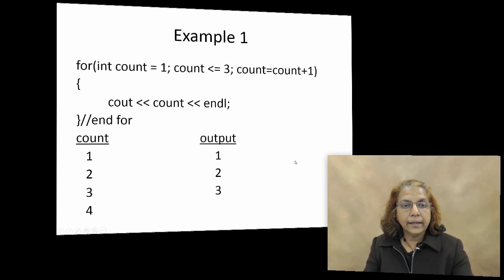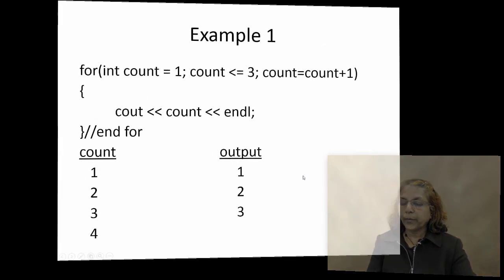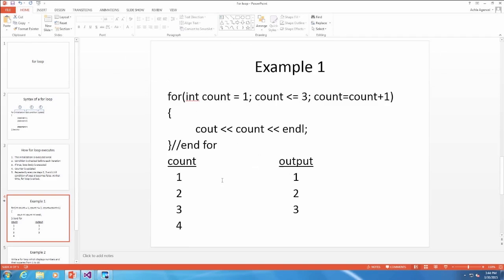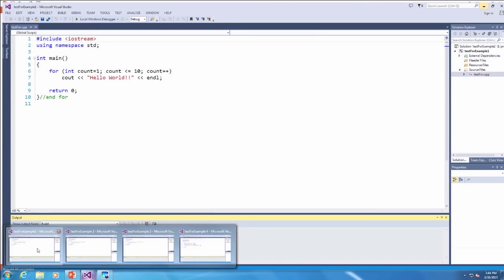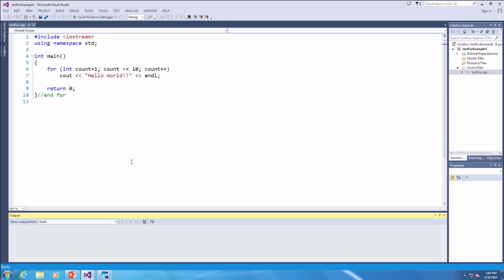So, let's go back and run some C++ programs. Okay. So, let me show you a couple of examples. Let's study this code which uses a for loop.